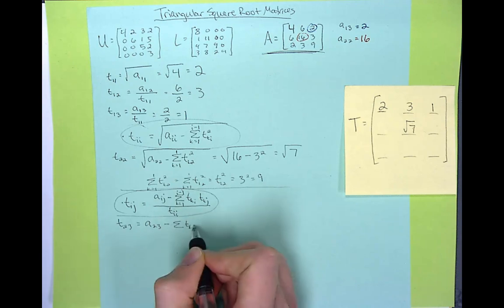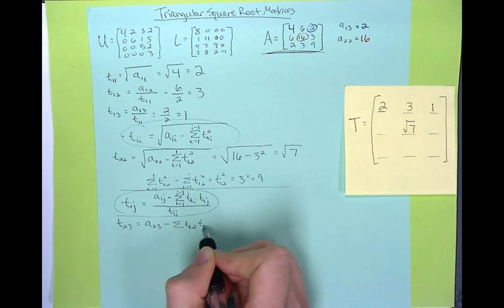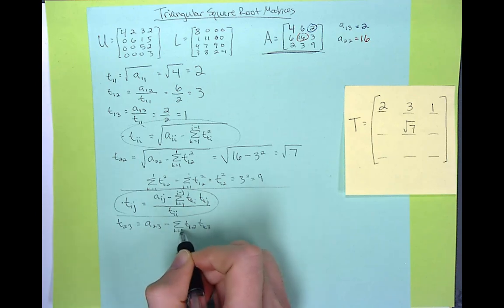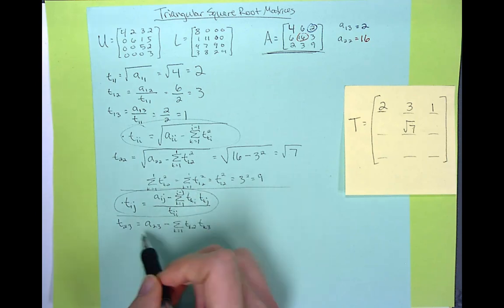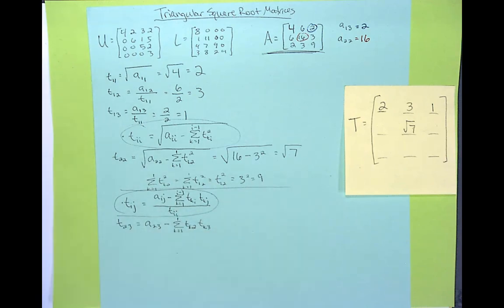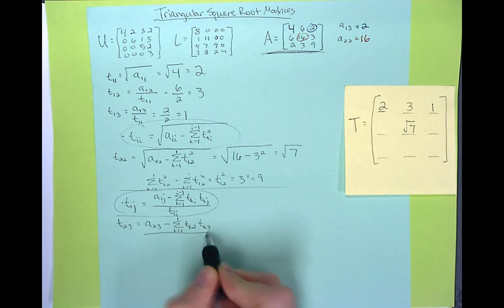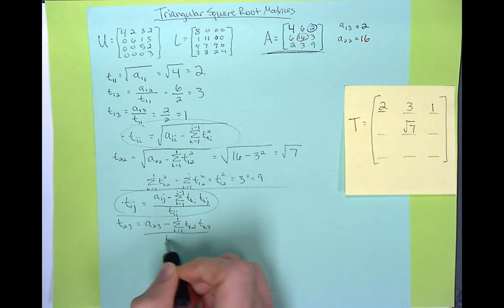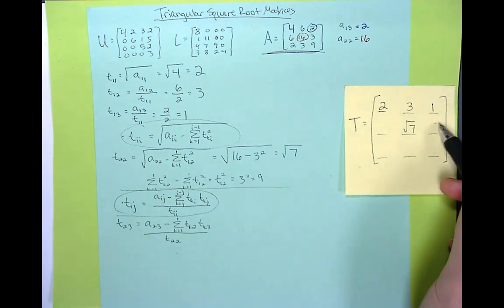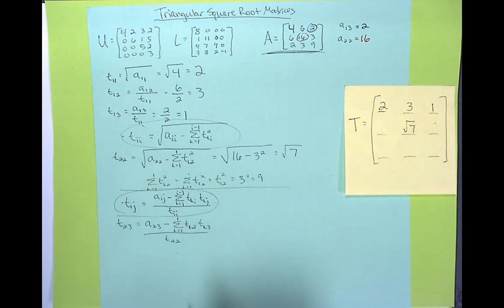I is 2, times T sub k, j is 3. That is, as k goes from 1 to I minus 1, what is I? I is 2, so k goes from 1 to 1. And that is all over T sub 2,2. Okay, so we're just plugging in numbers for this element that we need to find. So let's plug and chug.